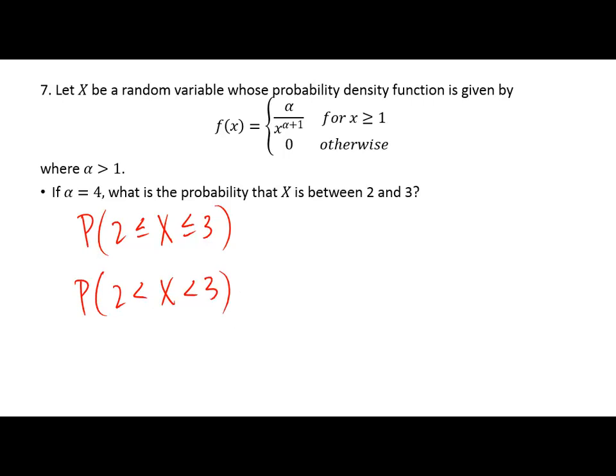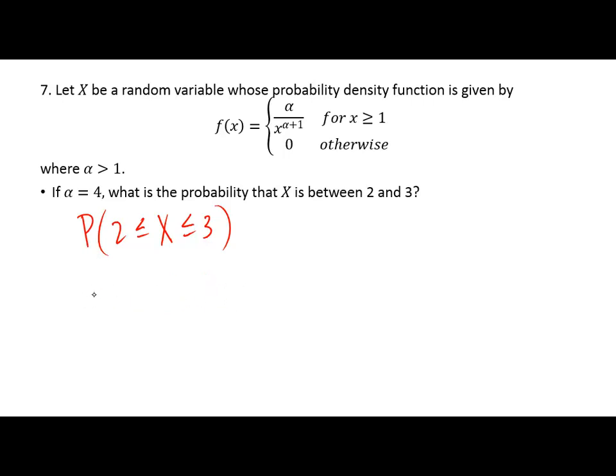Are those two things the same? They're the same. Why is that? Here I have a continuous random variable, so the endpoints are not going to change the answer. The probability of a single value is always 0 for a continuous variable.